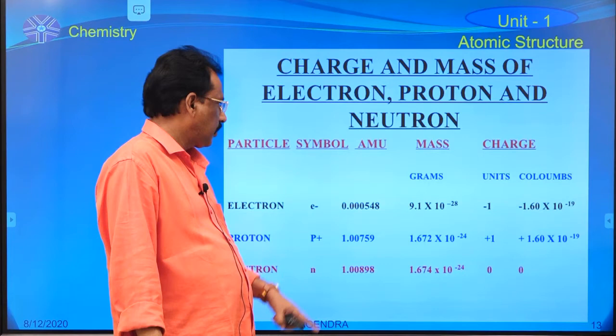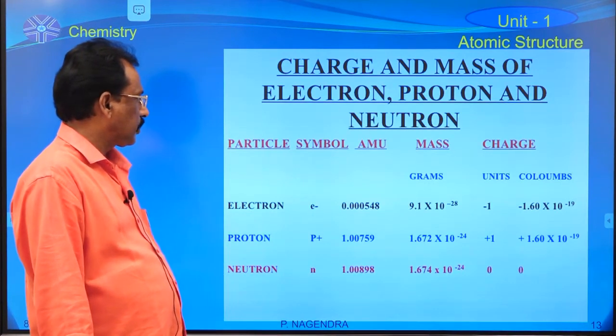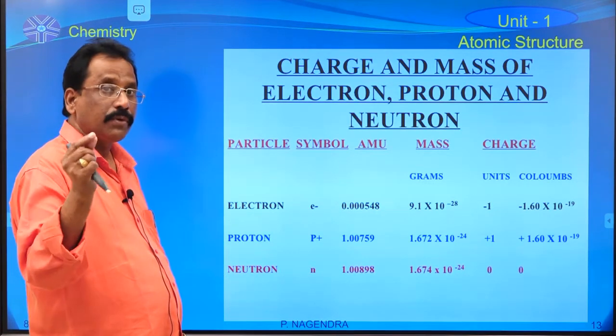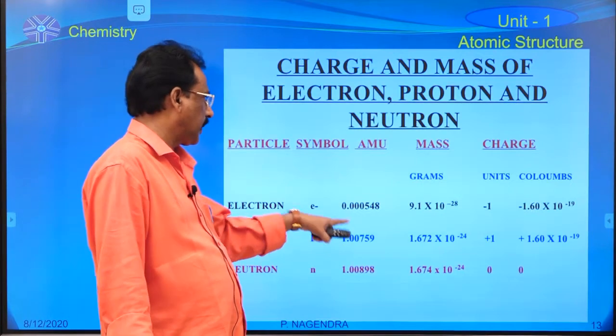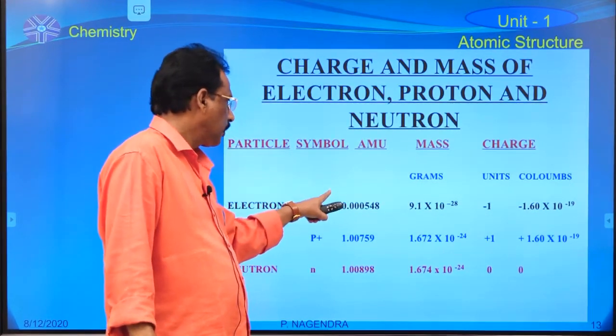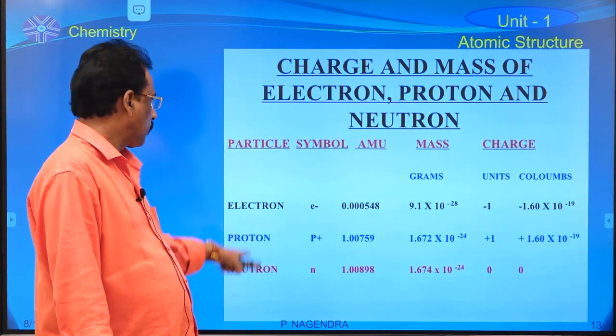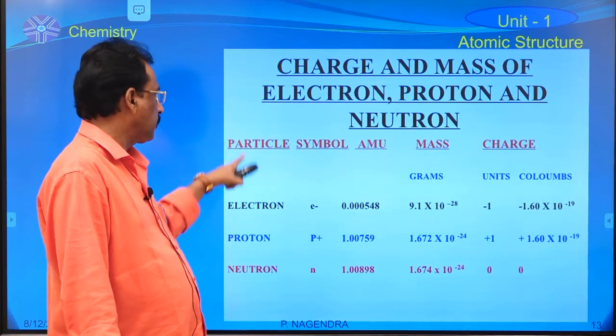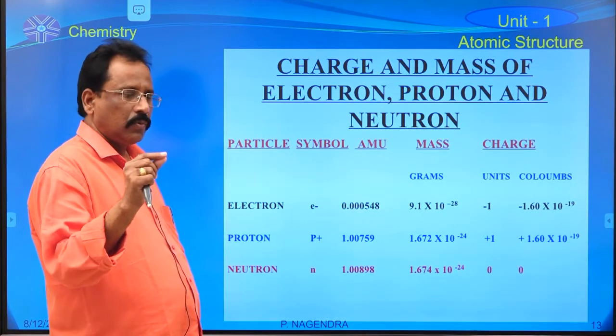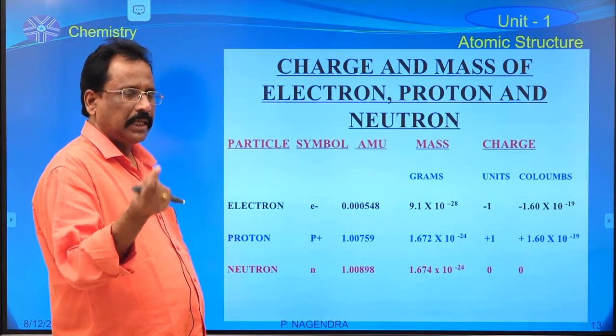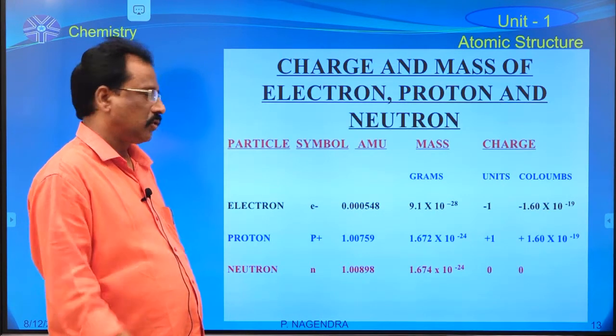One AMU is equal to 1.66 into 10 power minus 24 grams. So it is possible to calculate grams into AMU also. See this table. This is a very important table while doing the problems in IIT JEE main examinations.